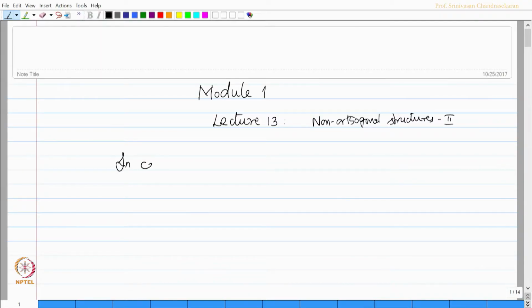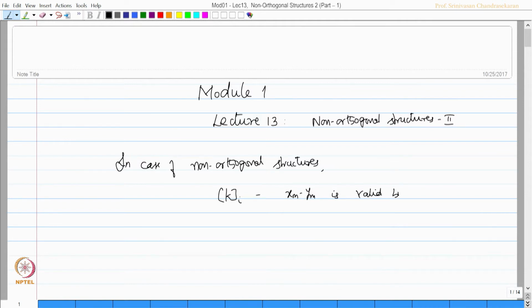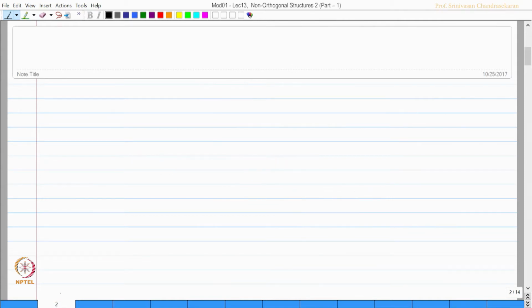We already said that in case of non-orthogonal structures, that is members which are not intersecting at 90 degrees to each other, k I of the member derived based on the local axis x m y m is valid, but need to be transformed to the plane of reference axis x y. We will talk about how this transformation is going to happen.